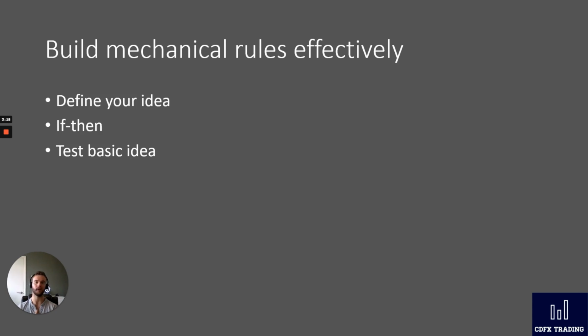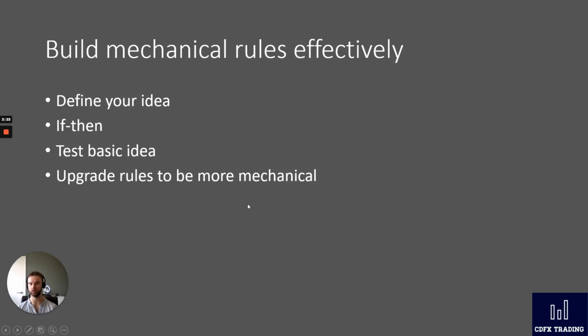Then you test again until you have clearly mechanical rules, and then you test over the entire period that you want to test. So you test, upgrade the rules to be more mechanical, which you will usually figure out after around 10 trades or so. Then you start again with the new rules, and then you do the entire testing.